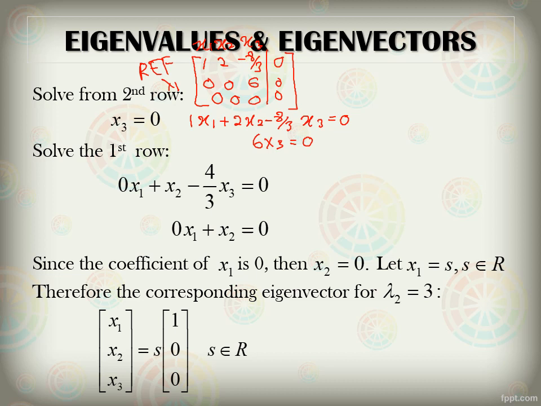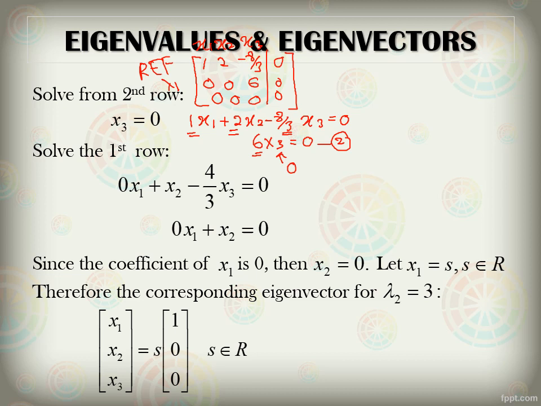Look carefully and listen carefully. You have the coefficient for x1, which is 1. The coefficient for x2 is 2. The coefficient of x3 here is negative 8 over 3. And the coefficient of x3 here is 6. If we solve the second equation, it is very obvious that for 6x3 to be equal to 0, our x3 must equal 0.